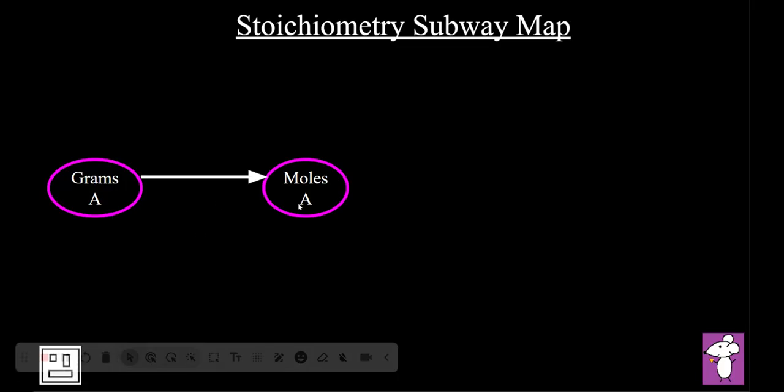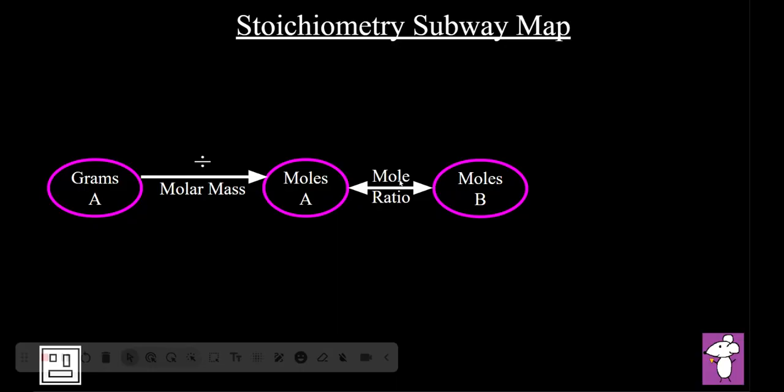The first thing you want to do is convert to moles, and to do that you would divide by your molar mass with the periodic table. Now, the next step, and this is where the stoichiometry is, you're going to use the balanced equation and its molar ratio to convert from one thing to another. And then you would go back to grams, and here you would multiply by the molar mass.